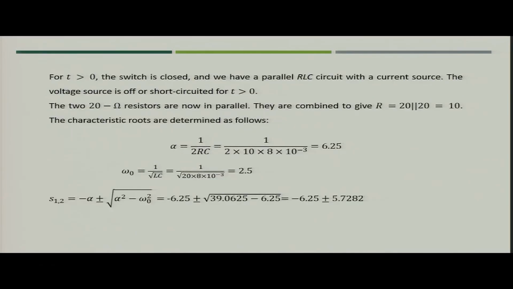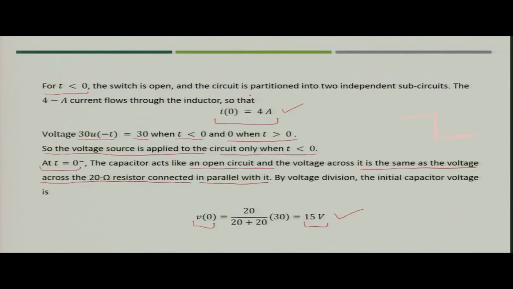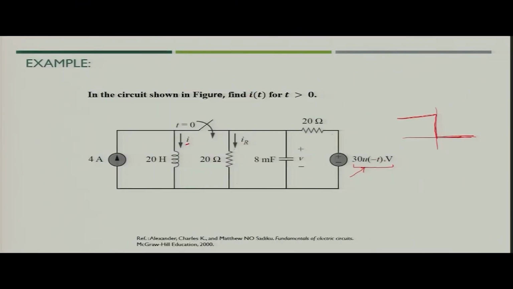Now, for time t greater than 0, what will happen? The switch is now closed and we have a parallel RLC circuit with a current source. The voltage source is off because for time t greater than 0 this will be 0, which means it will be a short circuit. So, now the 20 ohm and this 20 ohm are both in parallel.